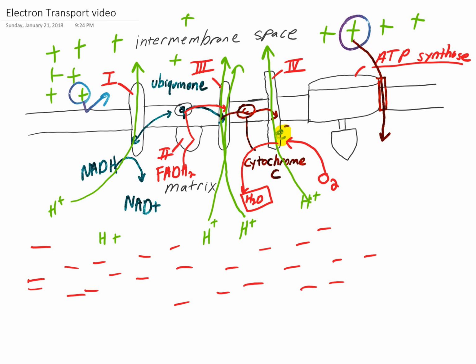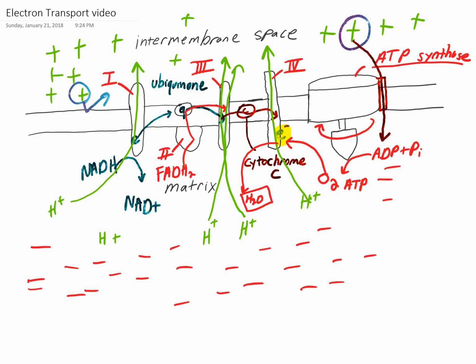Remember, they're attracted because opposite charges attract one another. They use this gradient, this change in charge, to power the ATP synthase. It literally spins around, and as it does that, it takes ADP, adenosine diphosphate, plus inorganic phosphate, and it makes ATP in the process.